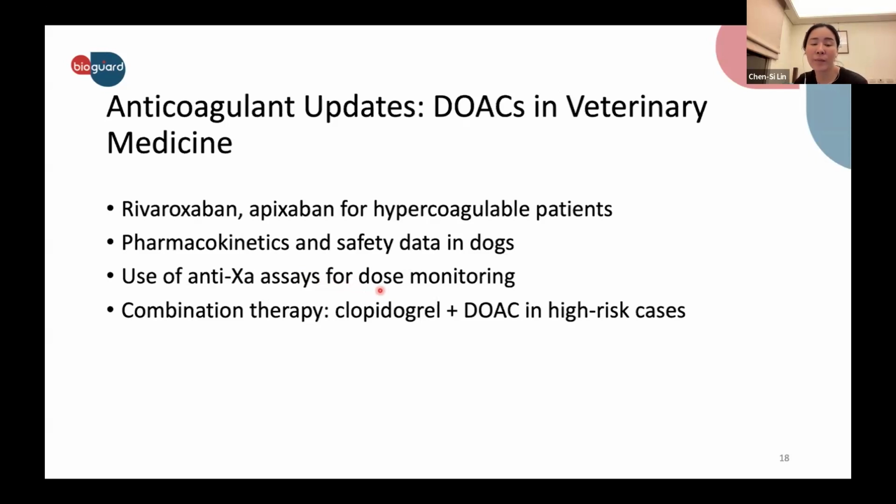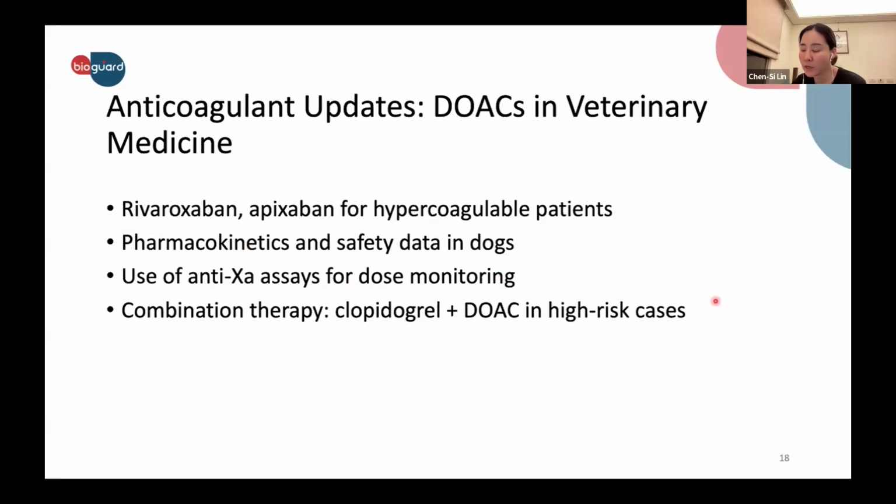Also, we can use some specific tests to monitor the potential outcome. So right now, in high-risk cases, we can use direct oral anticoagulants with clopidogrel to help us.